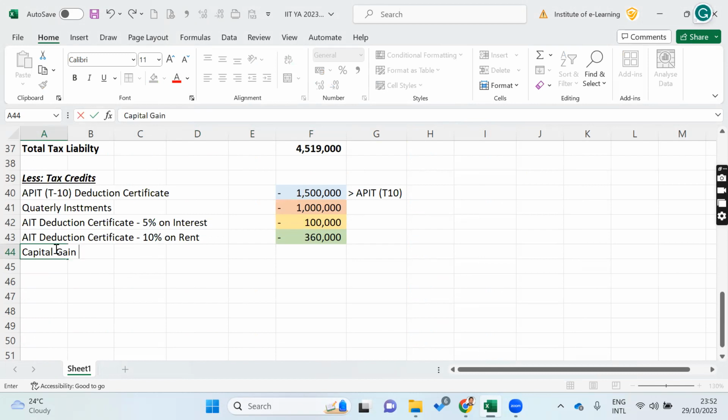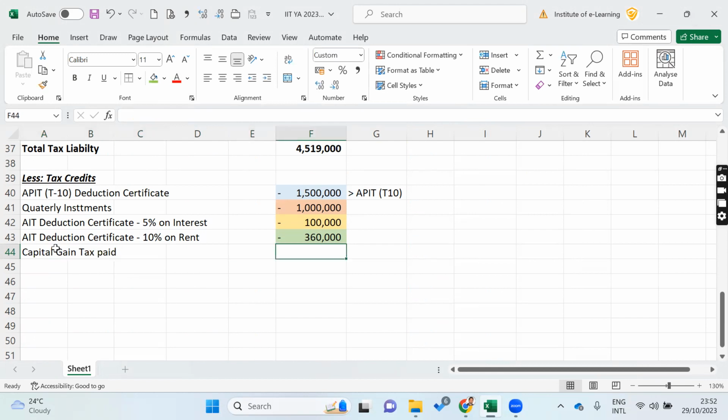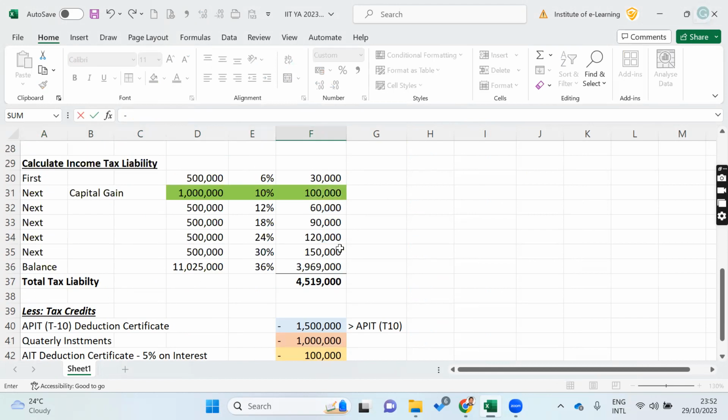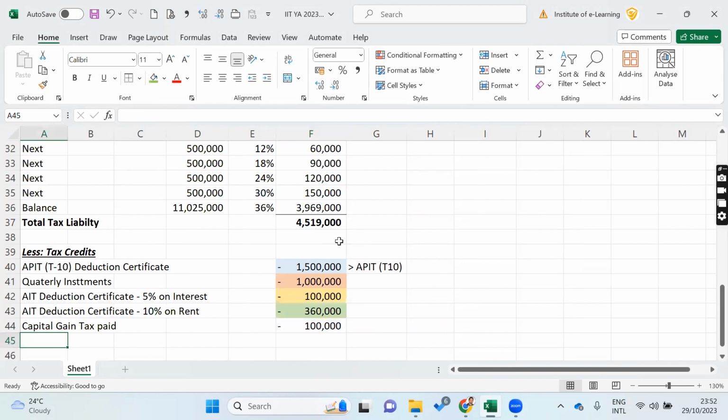You can deduct capital gain tax paid as tax credit, right? On this is already paid, right? අපි capital gain transaction එකක් වුණා නම් ඒ වුණ වෙලාවේ අපි tax එක ගෙවන්න ඕනේ. Within 1 month from the transaction happen.